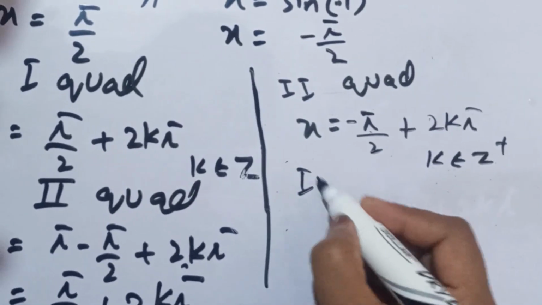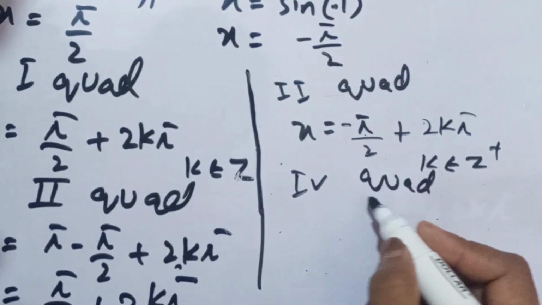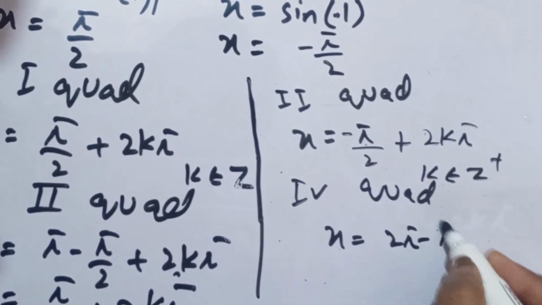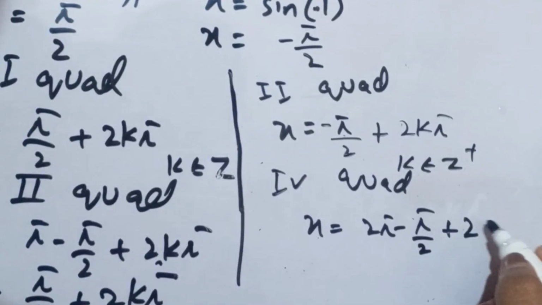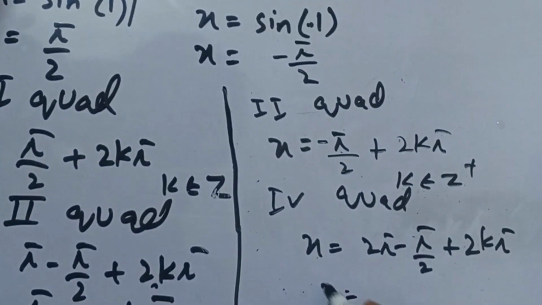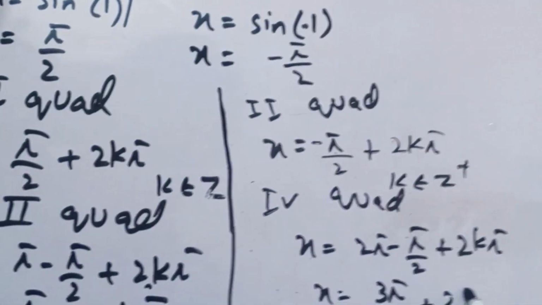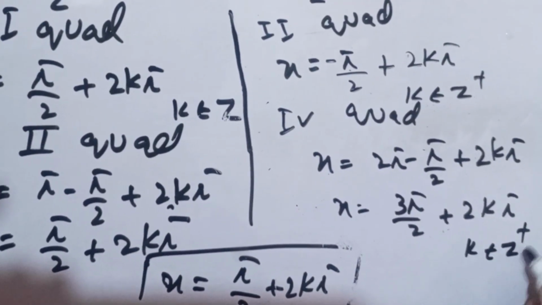For the fourth quadrant, the value of x is 2 pi minus pi over 2, plus we add its period 2k pi. Now we simplify this, then we get x is equal to 3 pi over 2 plus 2k pi, and k belongs to a positive integer.